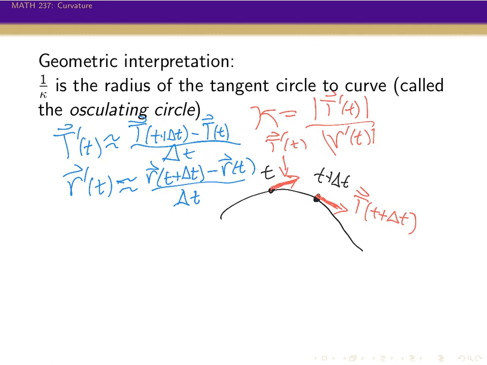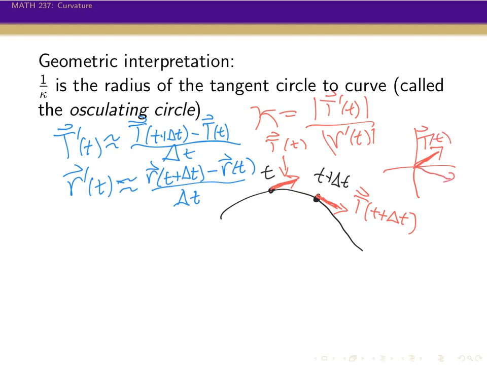Remember these are tangent vectors, so they're on the unit circle. That should just be T of t, not T prime.